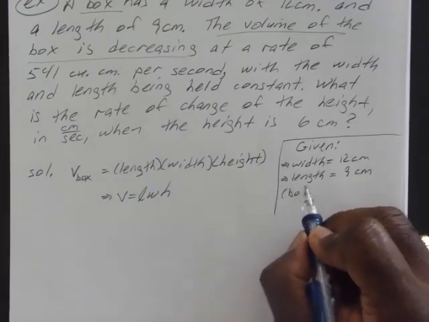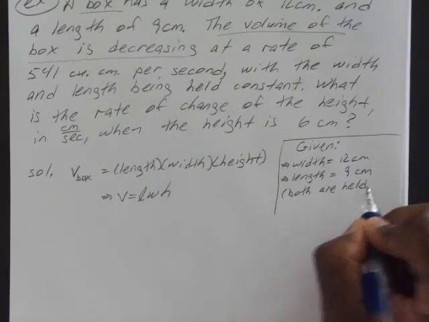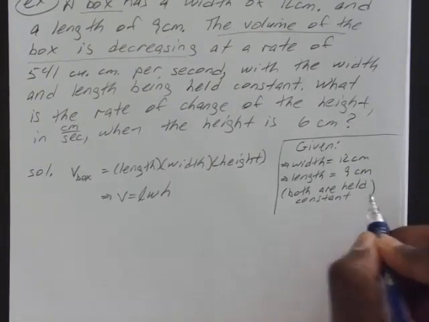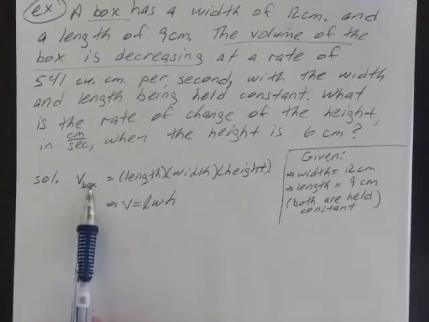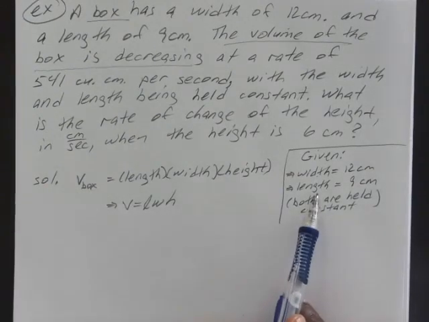Thing is, both are held constant. Which just means that if you have your box, the length and the width are staying the same, it's just getting shorter. The height is shrinking. So that means your rates of change for the width and the length are 0 because they're not changing at all.